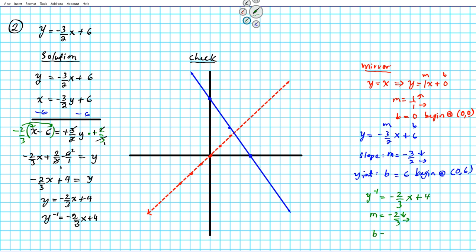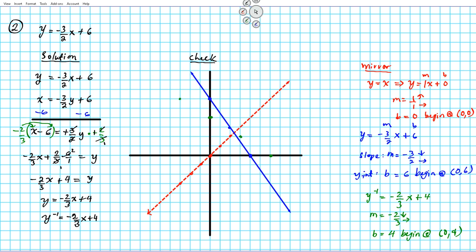Our y-intercept b is 4, so we begin at 0, 4. Then fall 2 and go over 3, or we can rise 2 and back up 3.